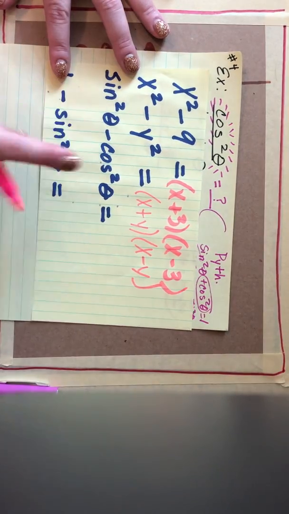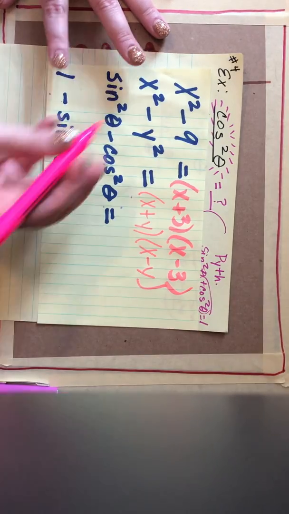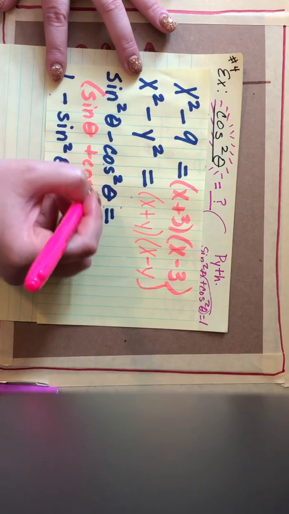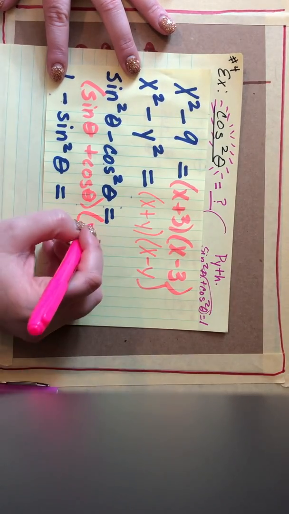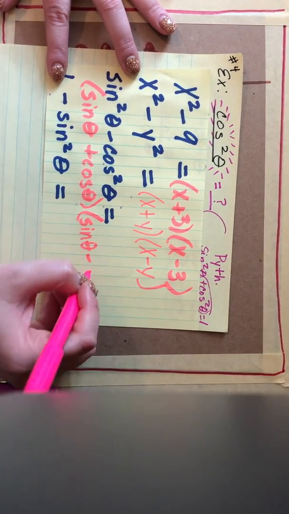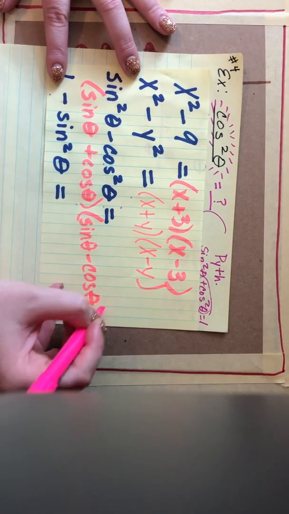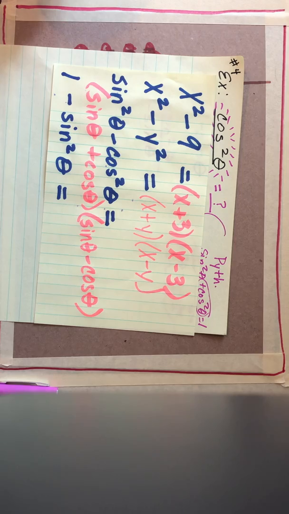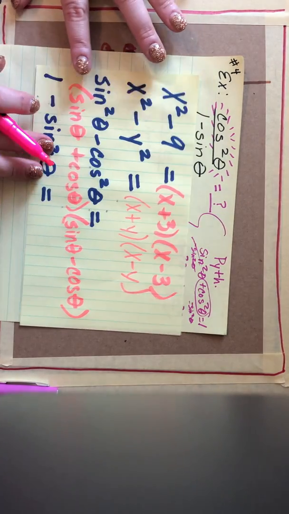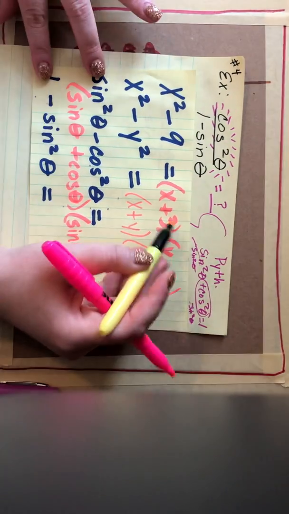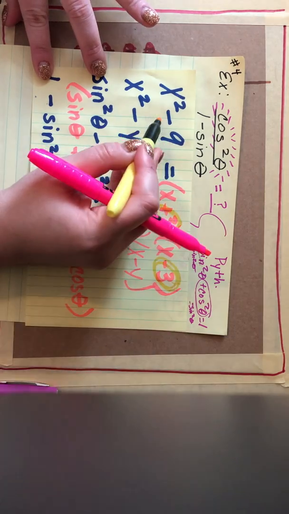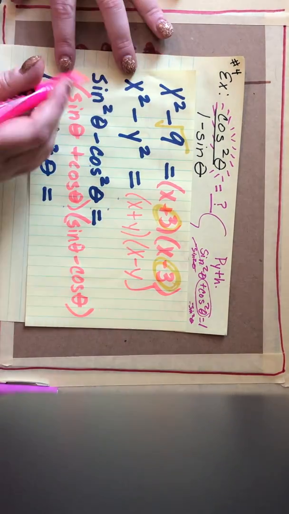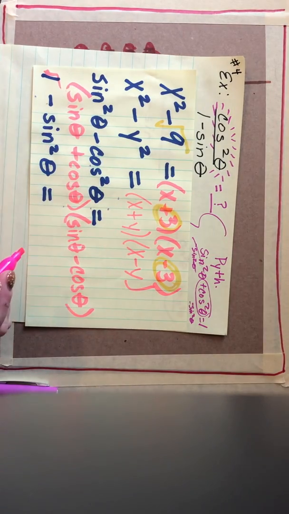What about sine squared minus cosine squared? It'd be sine theta plus cosine theta times the same thing with a minus. Woohoo! What about 1 minus sine squared? Well, the way I got these 3's up here is because I square rooted that 9. Same thing here. The square root of 1 is 1.